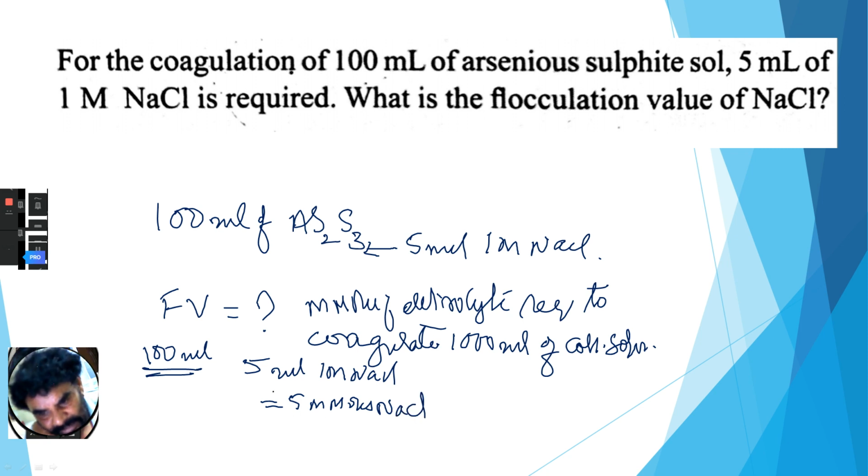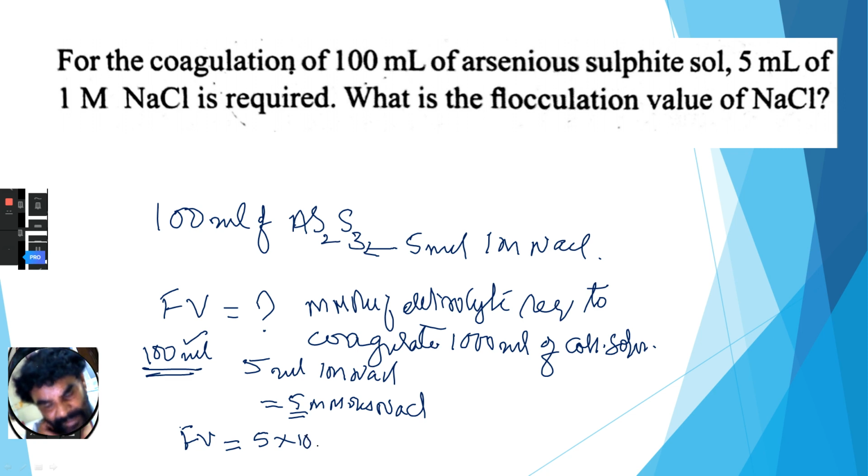Now, 5 millimoles is required for the 100 ml, and we have to find the flocculation value or coagulation value, which is the millimoles required for 1 liter. Flocculation value is equal to 5 into how much? 10.